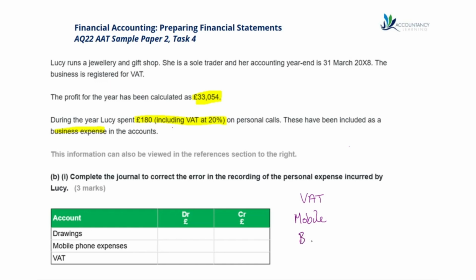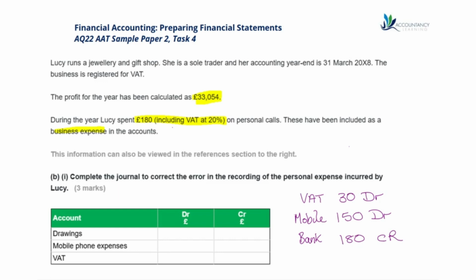We'll use the bank, or it might have been on credit as well, but probably more likely bank. So what would have happened is the full 180 will have come out the bank, and then we would have had 150 debit to our mobile expenses and £30 debit to our VAT.